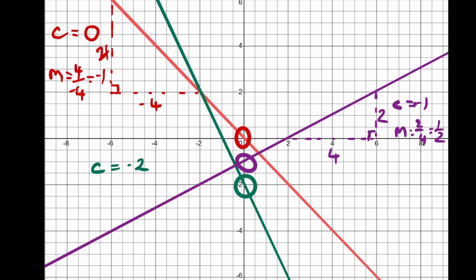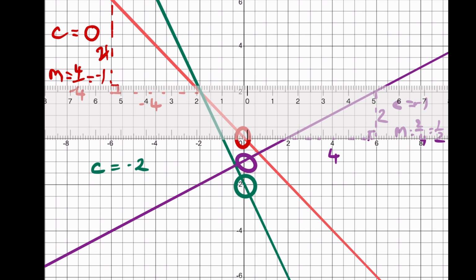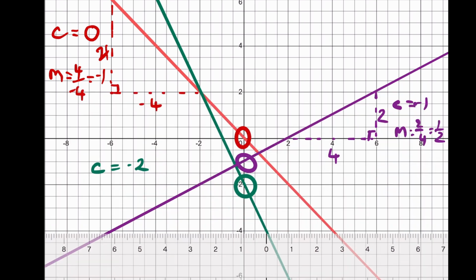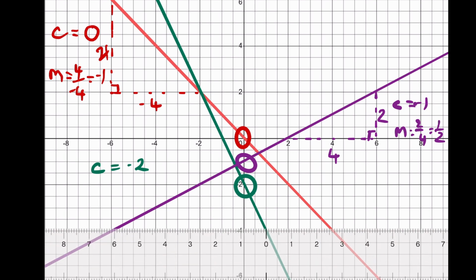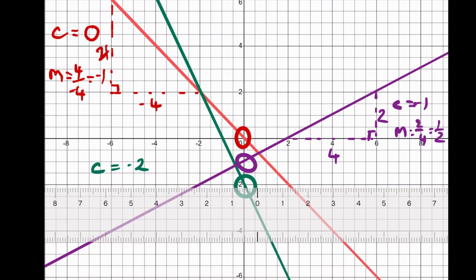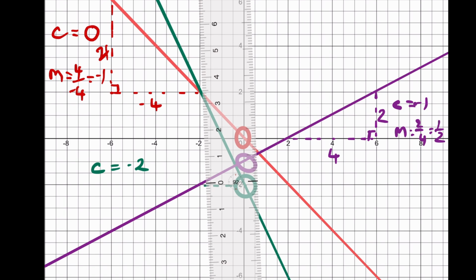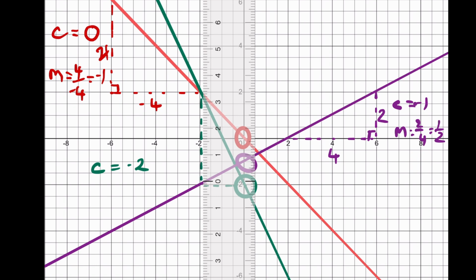Now let's work out the gradient for this line. Again, let's find some nice points that we can measure across. Let's go for the intercept itself, actually where the red and the green line intercept one another, where they cross each other.